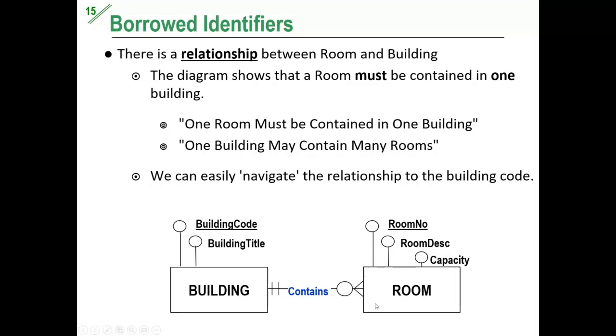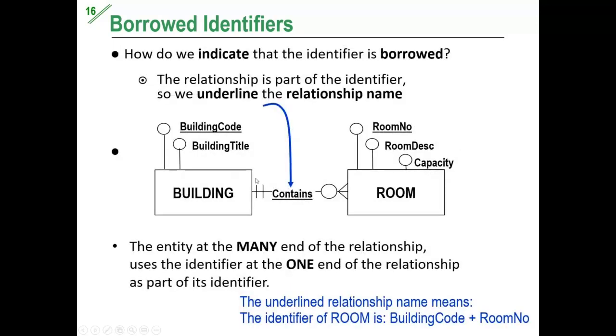We have the many end attached to the room, so the primary key here comes there as a foreign key as well. But at the same time, we need to borrow the same primary key as part of the primary key of the room. So how are you going to show in your ERD that you are borrowing part of the identifier from the other related entity?